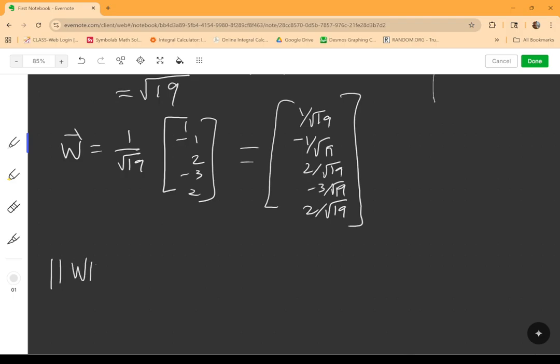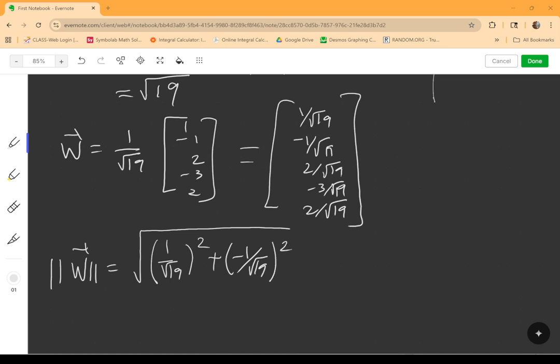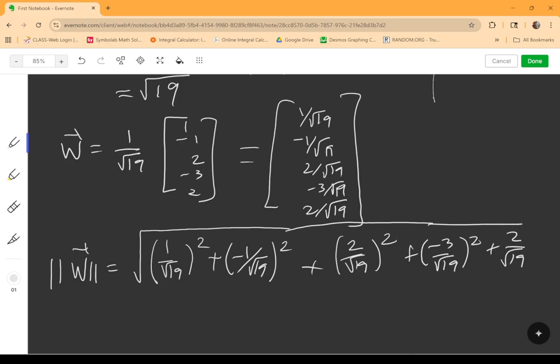We get the norm of w. We'll take each individual component: 1 over root 19 squared plus negative 1 over root 19 squared plus 2 over root 19 squared plus negative 3 over root 19 squared plus 2 over root 19 squared.